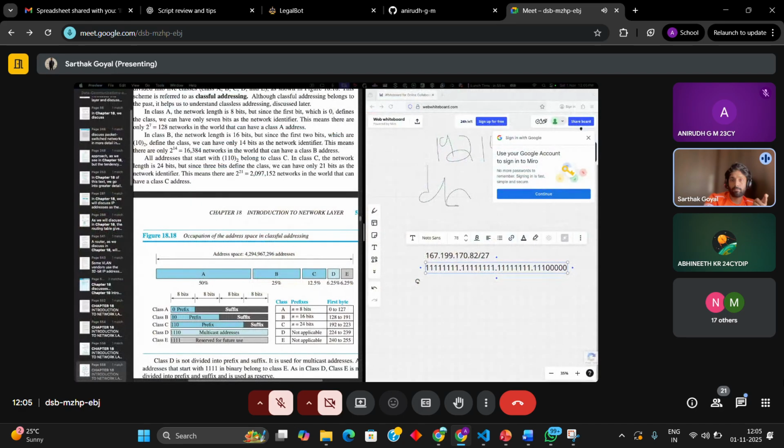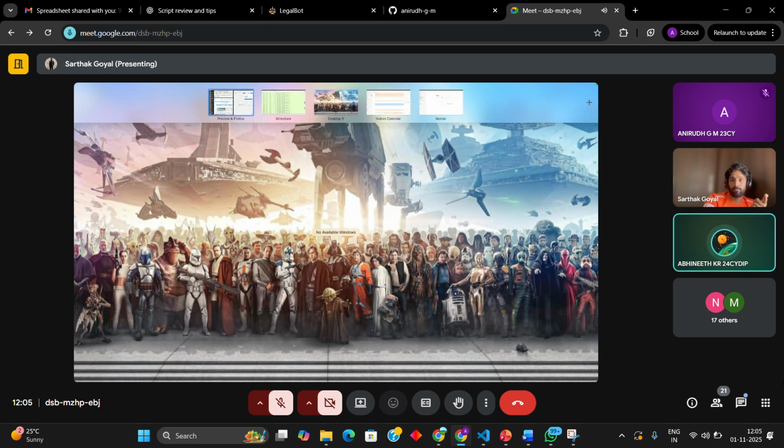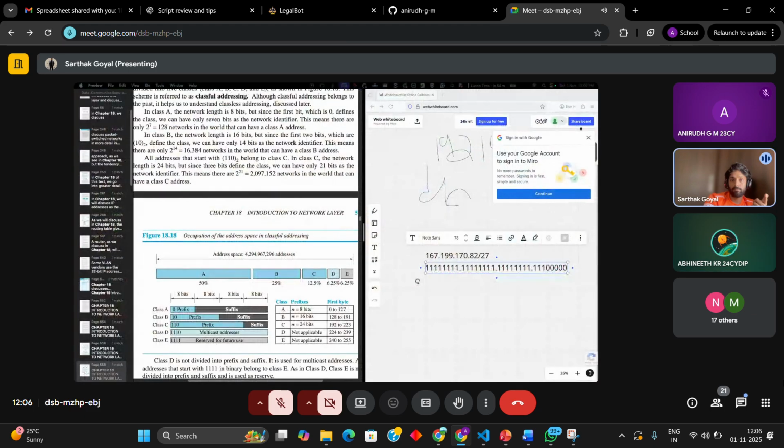How many addresses are we wasting? About 3.9 billion addresses we have wasted. So yeah, this is what is happening in reality. That's why they're breaking those particular class A networks into smaller networks also. That's why your subnetting comes into the picture.